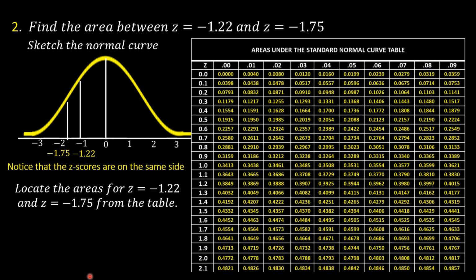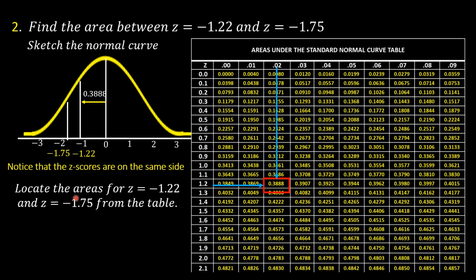The intersection of the row containing 1.2 and the column containing 0.02 is the 0.3888. This is the area from z is equal to 0 up to z is equal to negative 1.22.